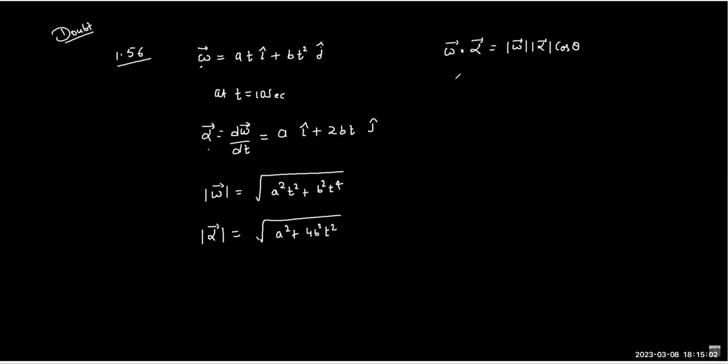And in the dot, I will go with I, J with J, so it will become A square t plus 2B square t cubed. Fine, sir. I'll do it. Yeah, so now the rest is you have to substitute in the formula and you get the answer. Okay. Next part.